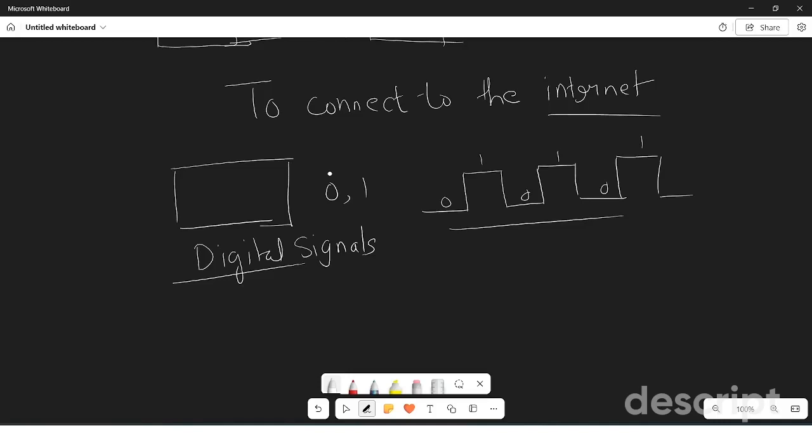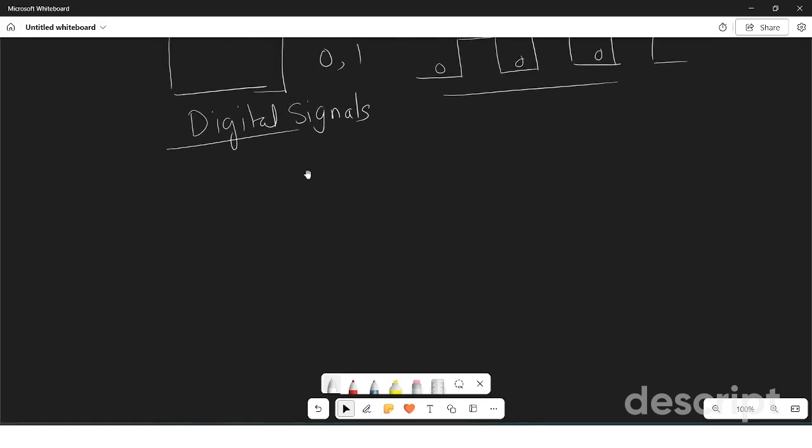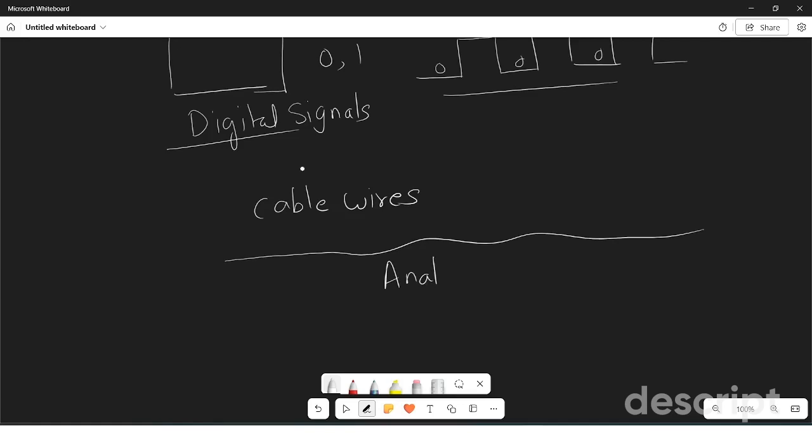And when we connect to the internet, basically the data is carried through the telephone lines. Now, telephone lines are basically cable wires, and these wires carry signals in the form of analog.